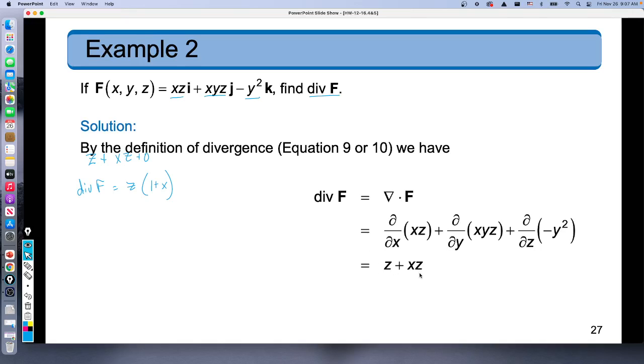It's just z plus x times z. We could leave it that way. That's what they did. You're just taking the partial with respect to x for the first part, partial with respect to y for the middle part, the j component, and then the partial with respect to z for the k component. And that's divergence.